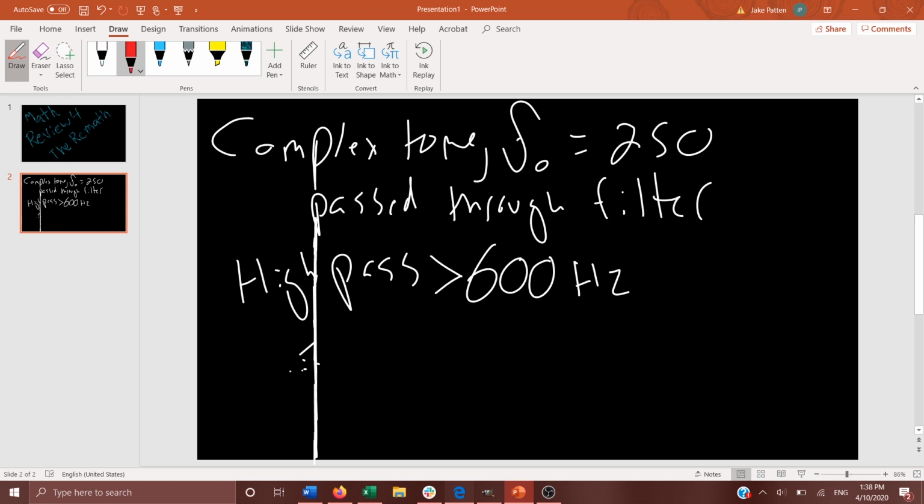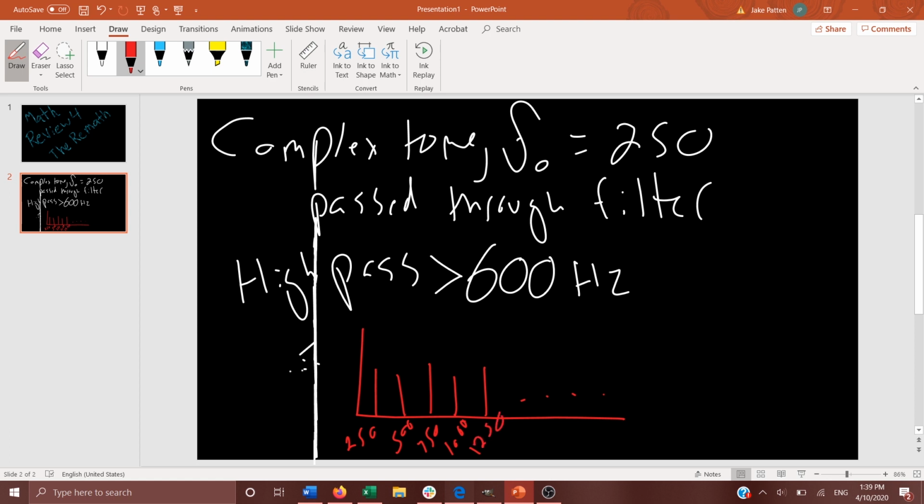Well, first of all, you need to draw what it looks like to have a complex tone with a fundamental frequency of 250. You're going to have a harmonic here, here, here, here, here, and so on. It'll be 250, it'll be 500, it'll be 750, it will be 1,000, and it'll be 1250.